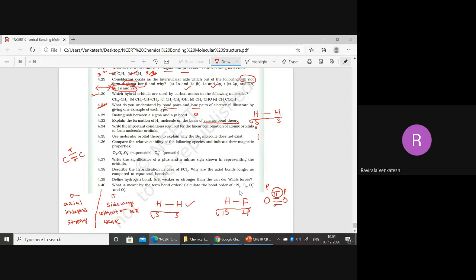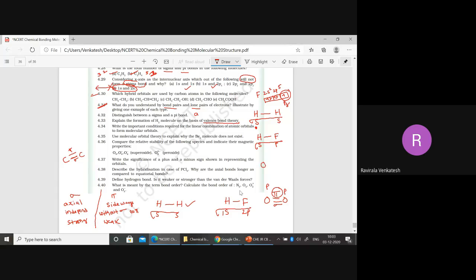For example, in H and F, s orbital and p orbital; in fluorine the p orbital is involved. Why? Because the configuration of fluorine is 2s2, 2p5. That means 2p5 I can write like this, 1, 2, like this. This is the orbital which we can call the pz orbital. So s-p overlapping.